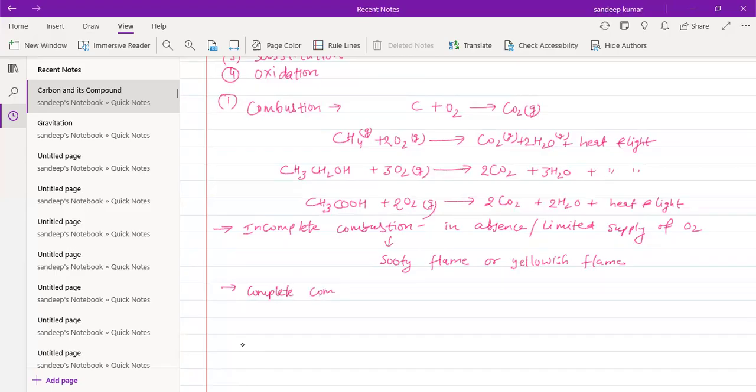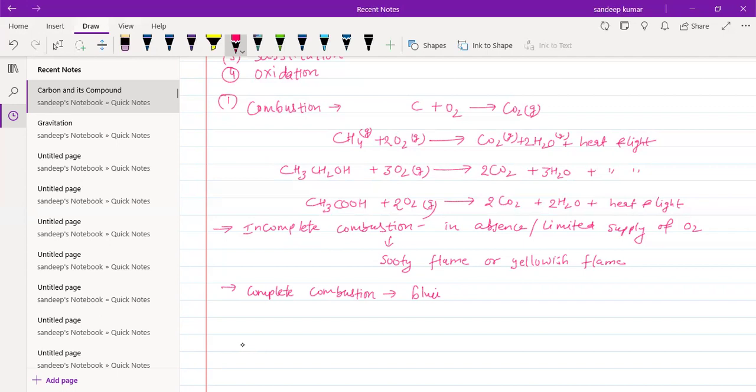Complete combustion takes place in the presence of an adequate amount of oxygen, so in that case there is a bluish flame, a clean flame we can say. Is it clear?